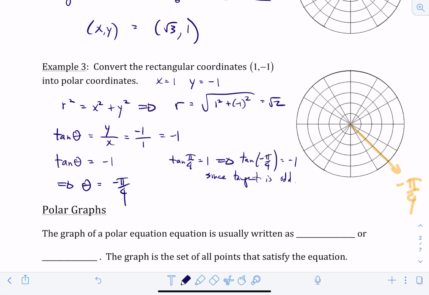Or is it 1.4? 1.4 maybe. So then we'll put that right here. Okay. So that point right there is rad 2, comma, negative pi over 4. All right, so those are those examples.